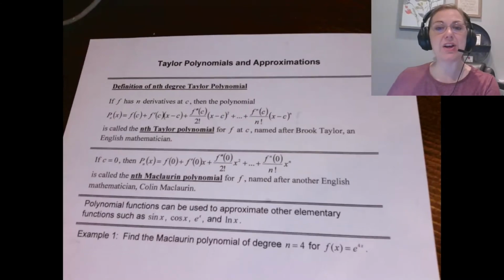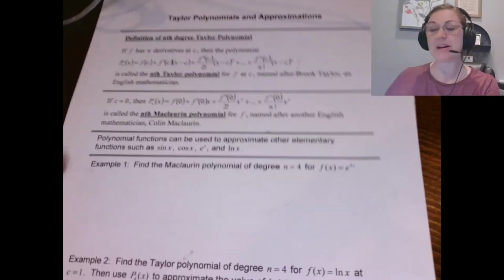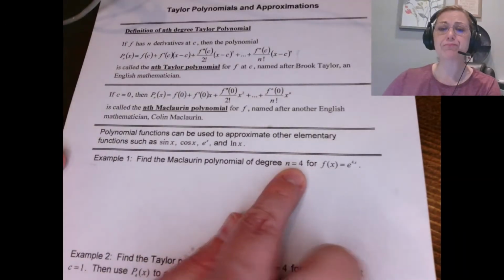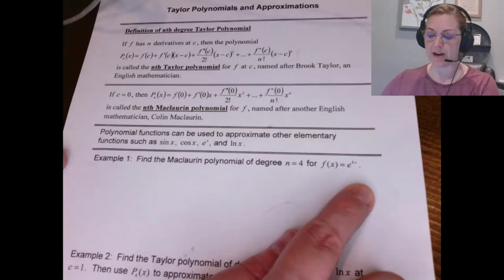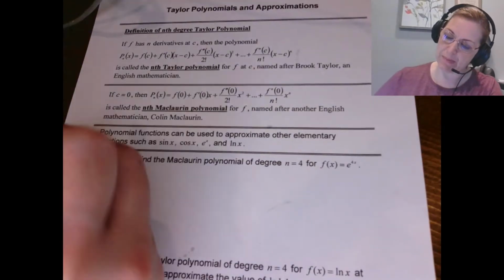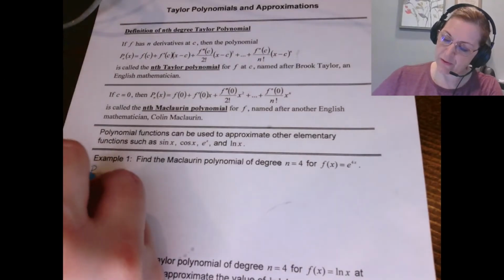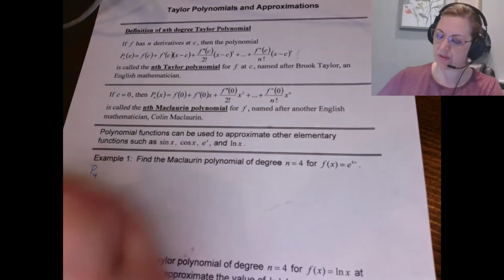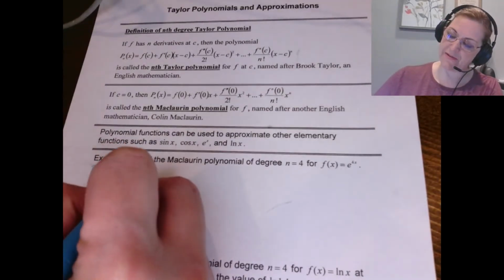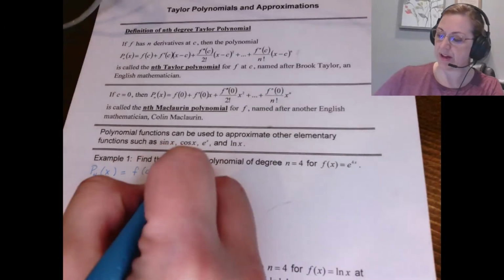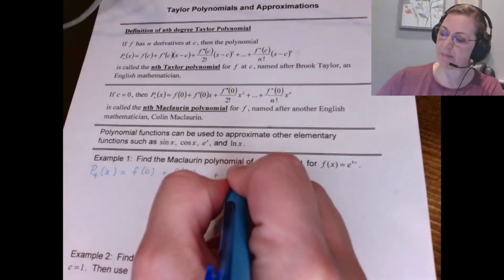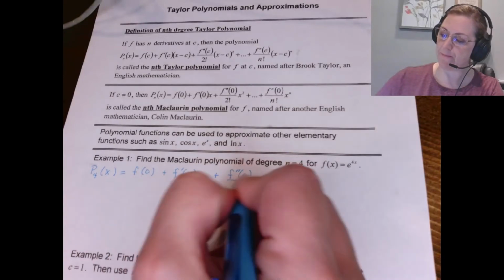So let's take a look at putting together a Maclaurin polynomial first. We're going to do a 4th degree, and we're going to do it of e to the 4x. So in general, when we have a Maclaurin polynomial, we're going to set it up as f of 0 plus first derivative at 0. And I'm going to leave space because I'm going to come back and put the other ones here in a minute.